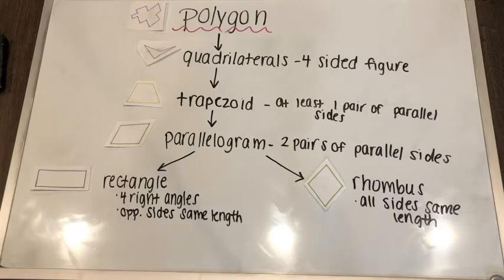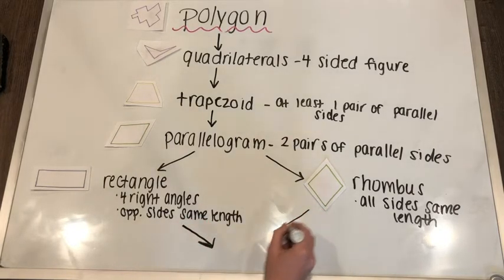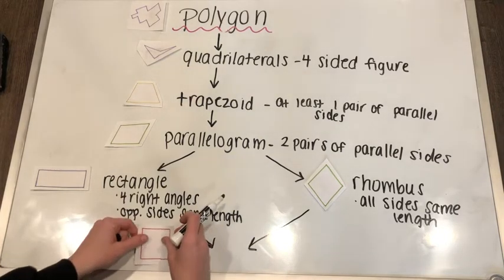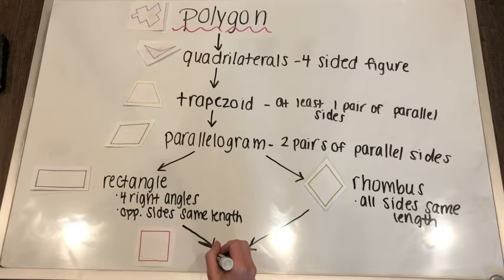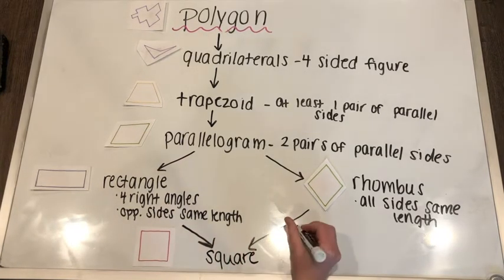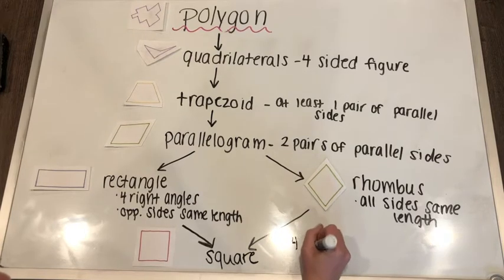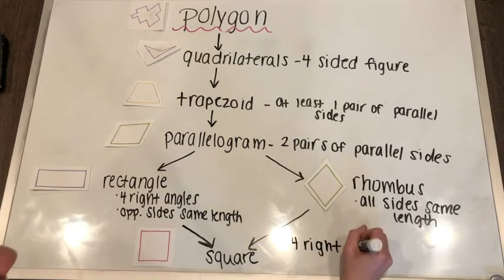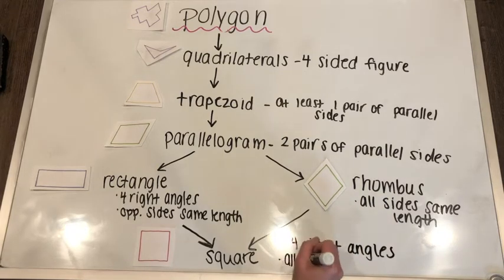So then finally we have what takes what both a rhombus and a rectangle have and puts it into one. So we have a square. A square has 4 right angles and all sides the same length.